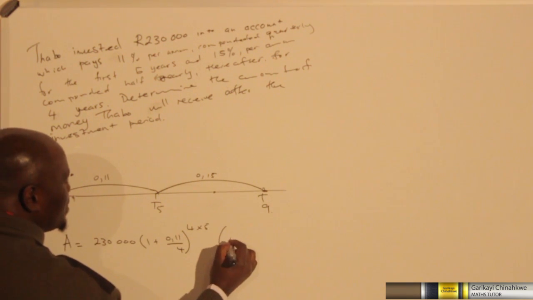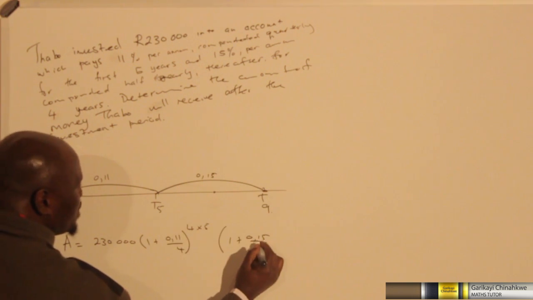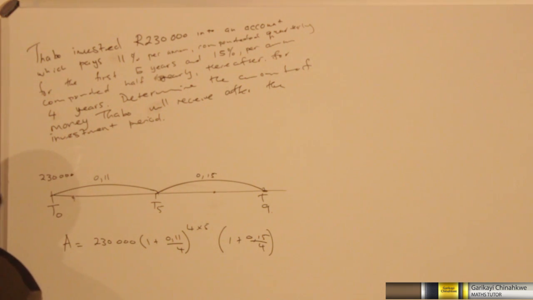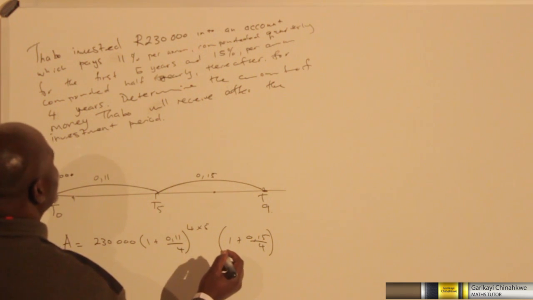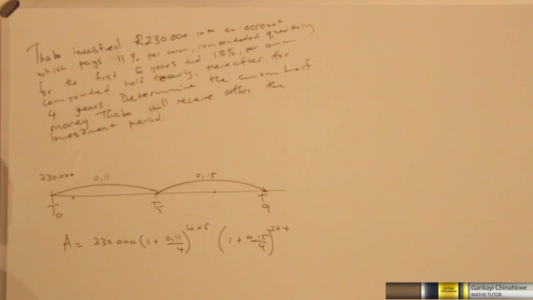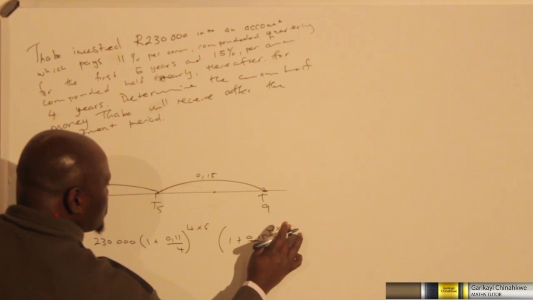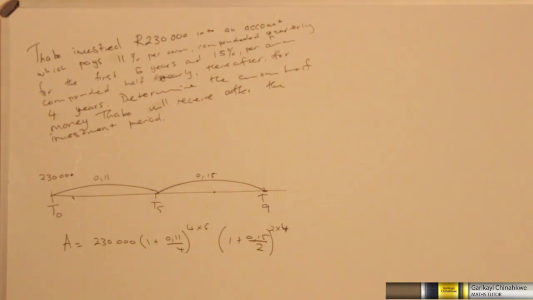Then you multiply by 1 plus 0.15 for 4 years, compounded half yearly, so it's divided by 2, and it's 2 times 4, because it's 4 years.